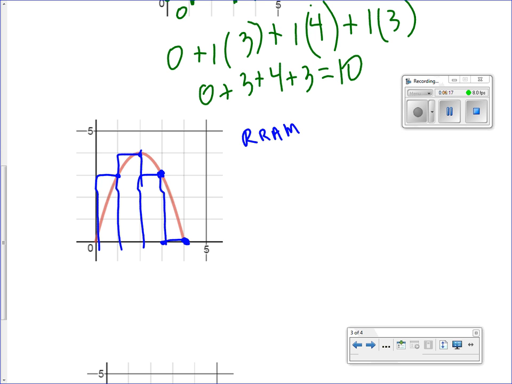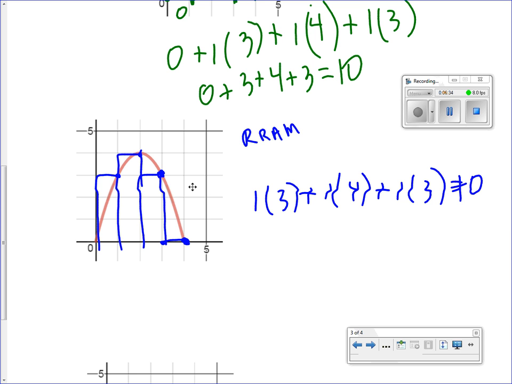So again, the first rectangle has a width of 1, height of 3. Second rectangle is a width of 1, a height of 4. Third rectangle with a width of 1 and a height of 3 again. And the last rectangle has an area of 0. So I can see this one's the same. The plus 0 equals 10. So LRAM and RRAM in this case gave me the same approximation.